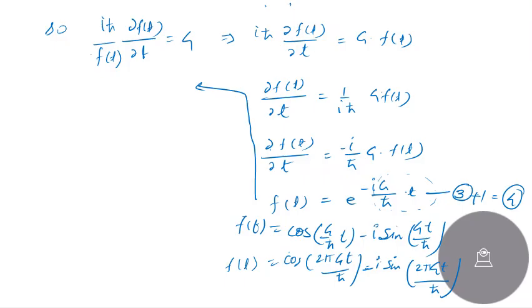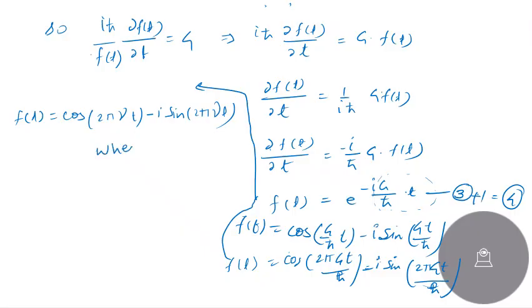Oh sorry, here we replace h cut by h. So in the next step, what will be the value of f(t): cos 2 pi mu t minus i sin 2 pi mu t, where mu equal to g upon h.